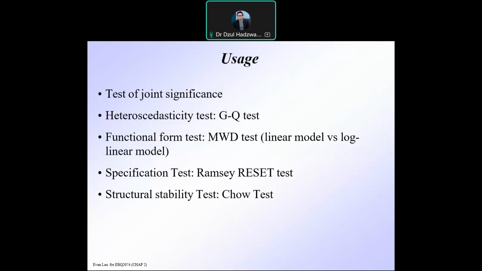Theoretically, we stop here for a while, and then we will continue our lecture with some application.